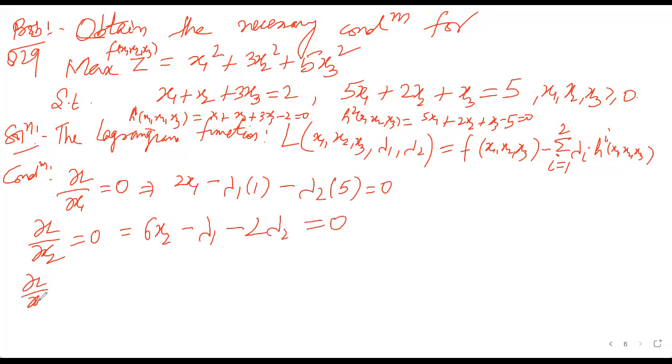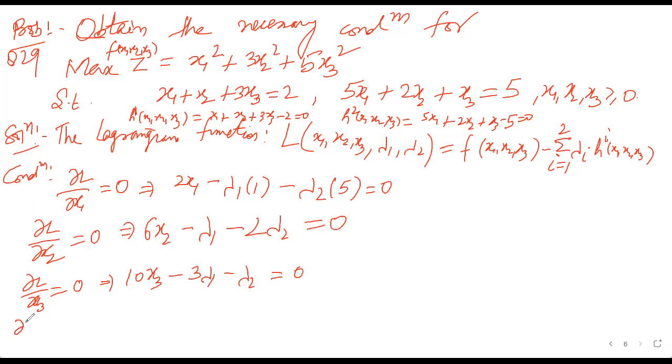Then del L over del x3 is equal to 0, so it is 10x3 minus 3 lambda 1 minus lambda 2 is equal to 0.